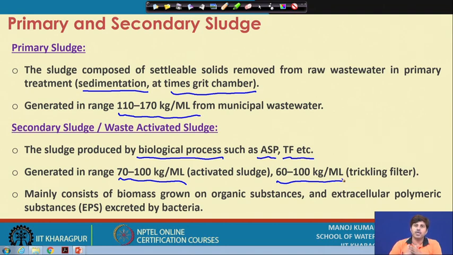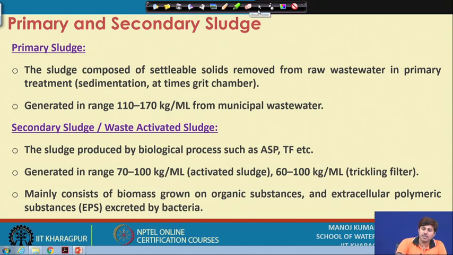So, the new biomass produced, the new cells synthesized, come out as sludge. Apart from that, there would be some extracellular polymeric substances, typically referred to as EPS. Those EPS excreted by the bacteria also settle, and they are also constituents of the secondary sludge. So, that is how we get the primary and secondary sludge.